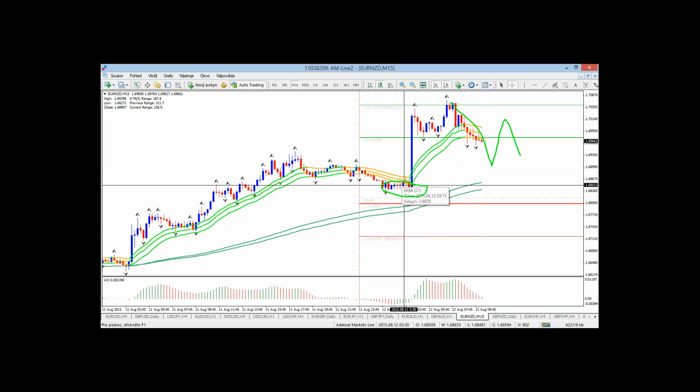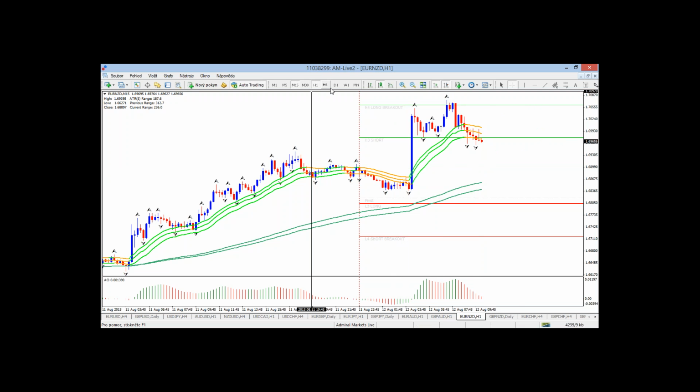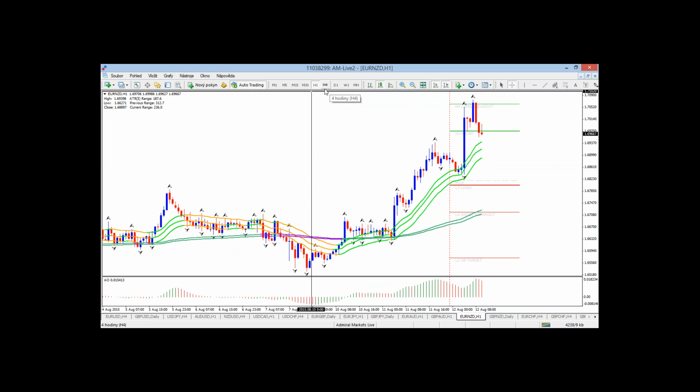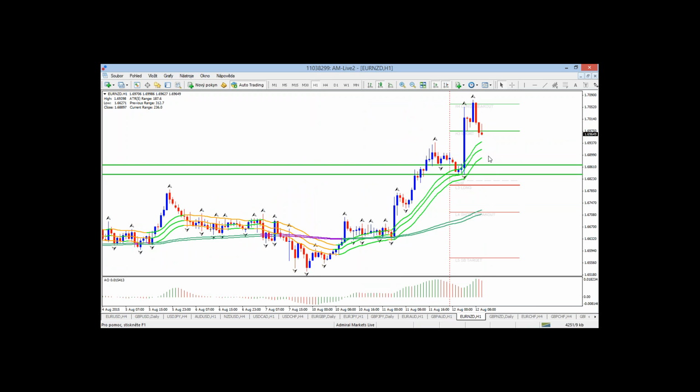If it makes some triangle here and then ultimately breaks to the upside, that could be interesting. I wouldn't expect price to go below these support levels. So anywhere where price bounces in this area could be interesting.